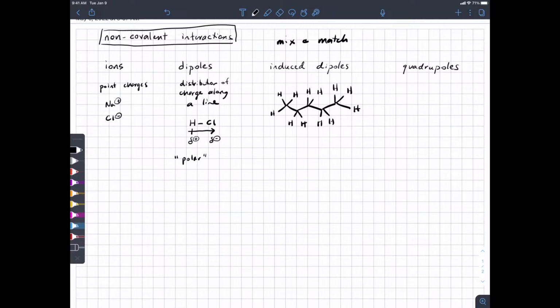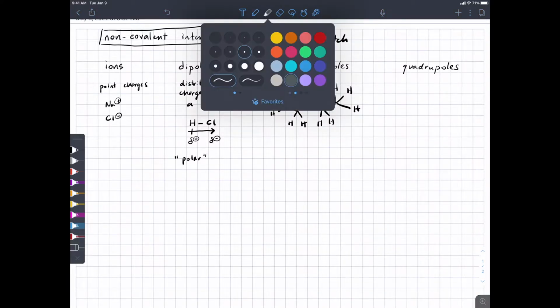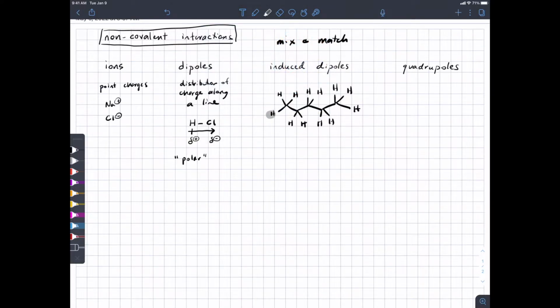Nevertheless, if we envision the electron density surrounding this molecule, what we would see would be something like this, sort of a cloud of electron density associated with each carbon-hydrogen bond.